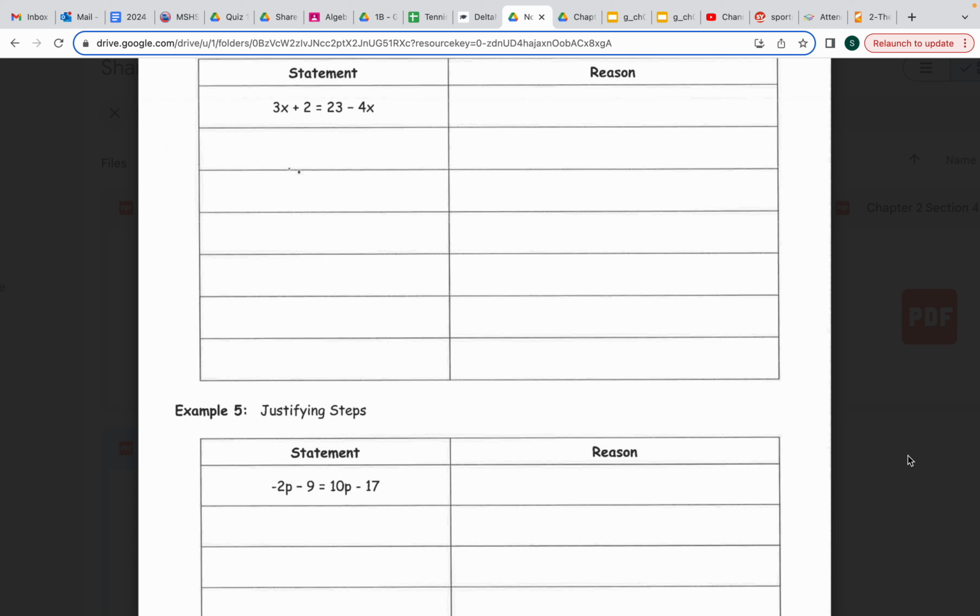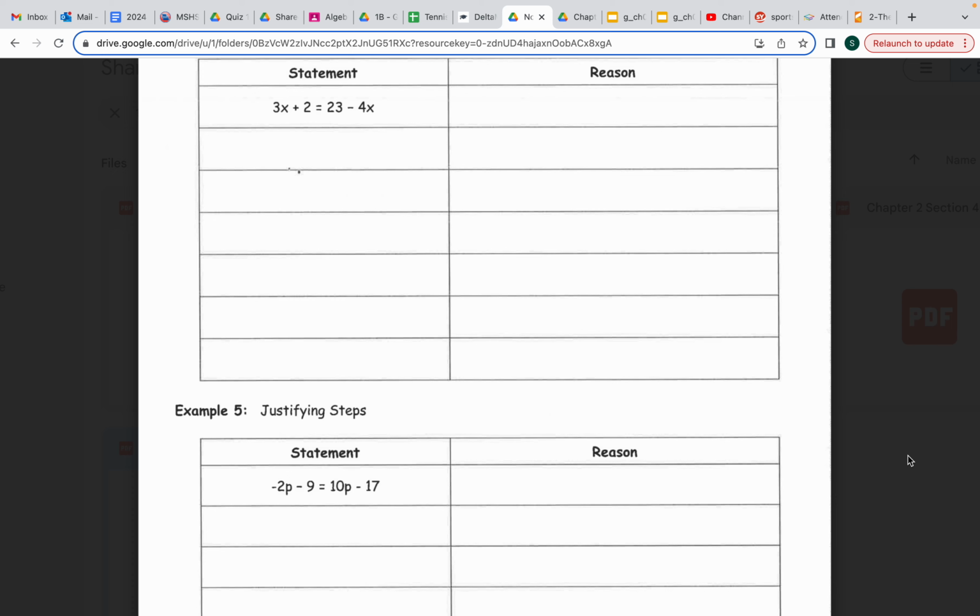Or if I just show it right here, the next thing you put is just 3x equals 21 minus 4x. Then we can just put subtraction property here because we already did that. It can just look just like that. If you did simplify, then that's totally fine as well.